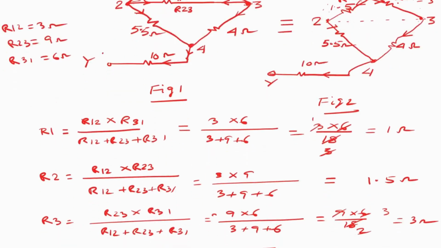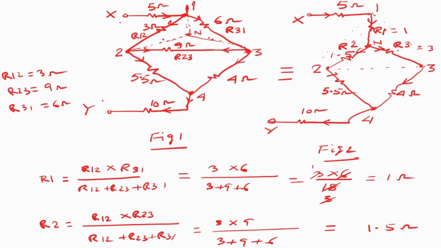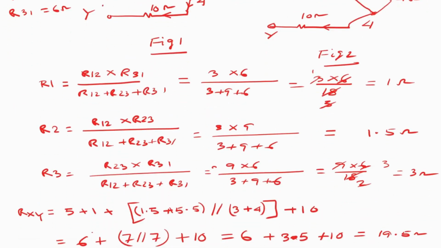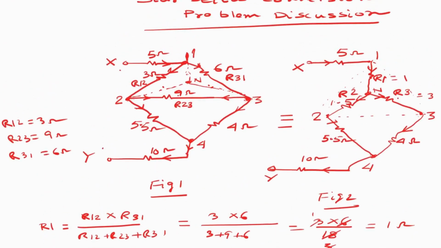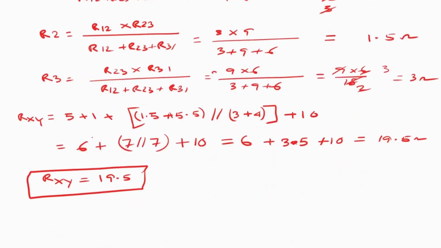When you calculate R3, at junction 3 there are two resistors, R23 and R31, so the numerator is R23 into R31. The denominator is the same in all cases. Using this formula we can calculate 1 ohm, 1.5 ohms and 3 ohms. Using these three values, you put them in this diagram and easily calculate the equivalent resistance. So this is 9.3. In this way you can easily calculate the equivalent resistance.